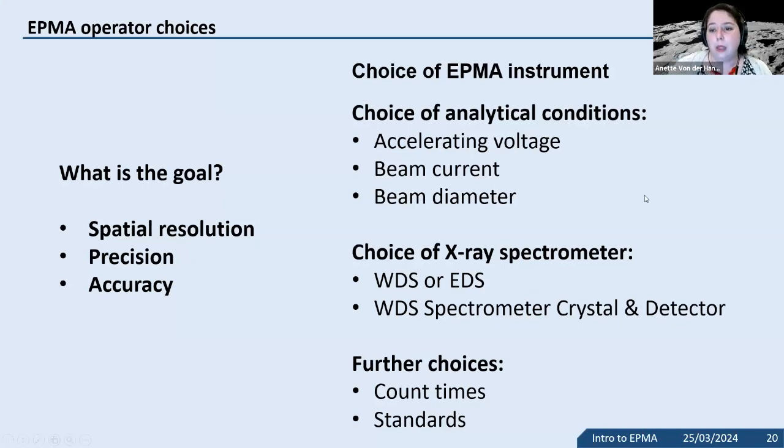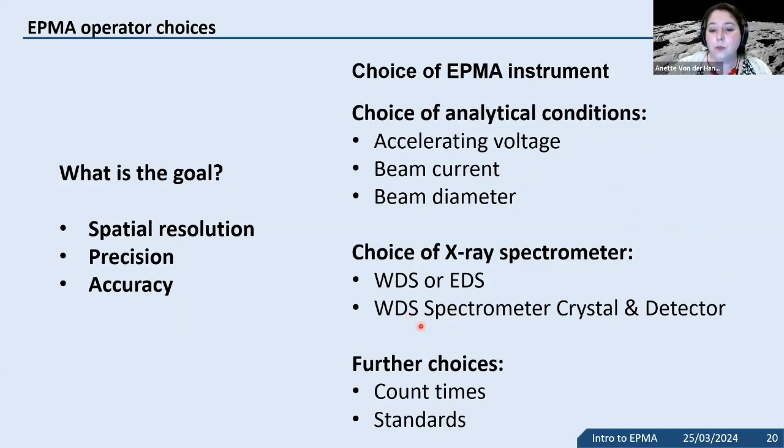And so for our analytical setups, accelerating voltage, beam current, and the beam diameter that we analyze are important variables. Then we have two types of X-ray spectrometers, the WDS and EDS, and they have different pros and cons.